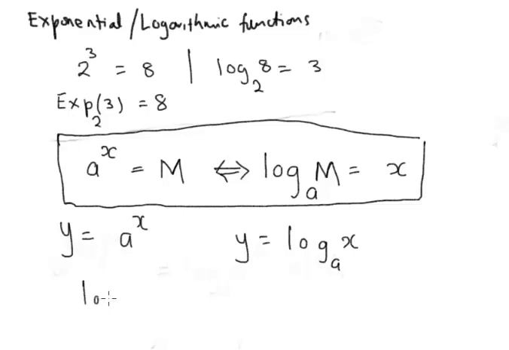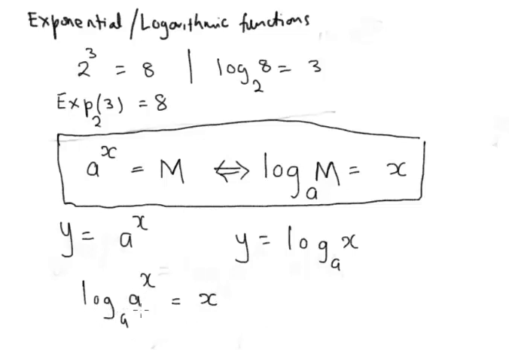What I'm going to do is say log a of a to the power x. What's that? If they are inverses, I must get x. What did I start with here? I started with an exponential, then I followed with the log.